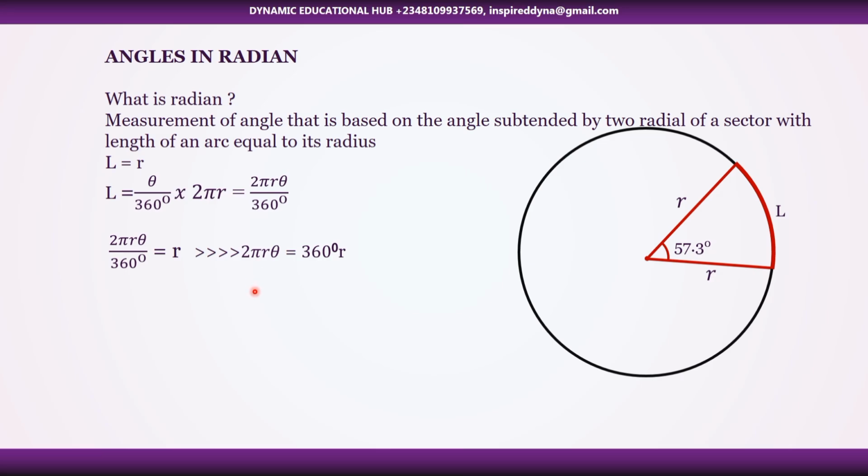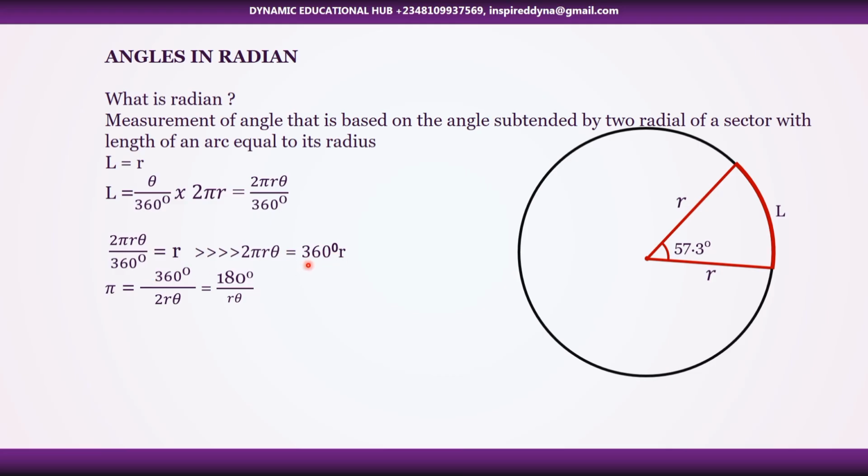Let's divide both sides by 2 r theta. Dividing both sides by 2 r theta, what are we going to have? We have 360 degrees divided by 2 r theta, and 2 r theta will be gone on the left, so we'll be left with pi here.